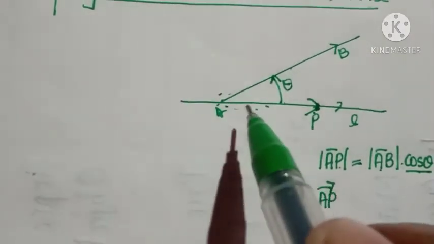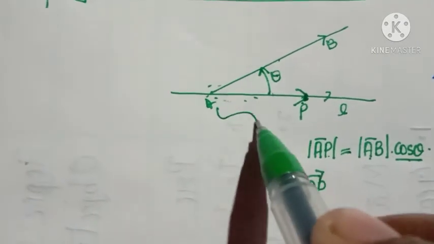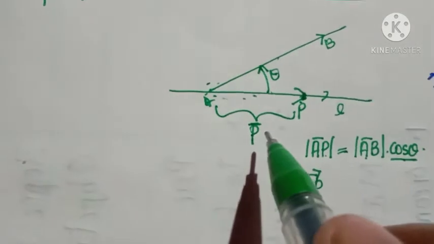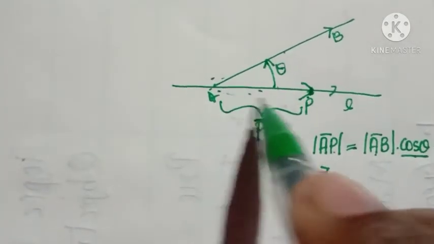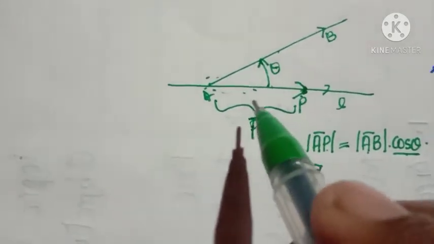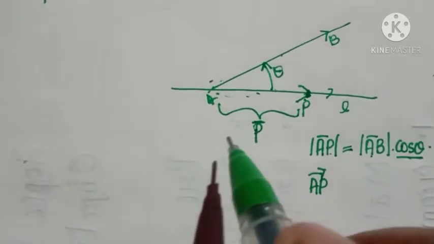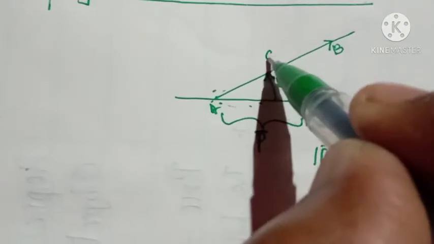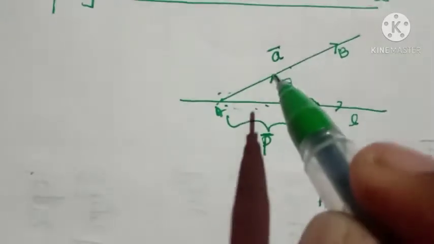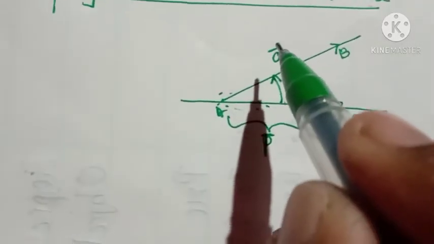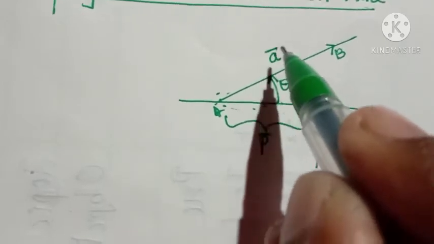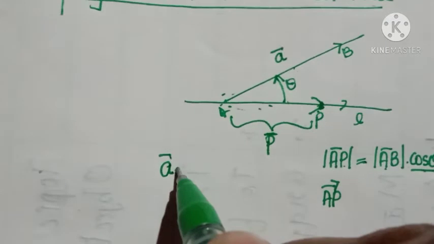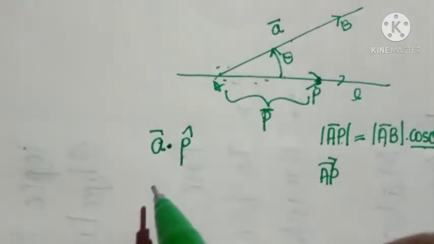Now suppose we consider this AP vector as vector P. If this vector P is a unit vector, and let us consider the other vector as vector A, then the projection of vector A is defined as vector A dot the unit vector.